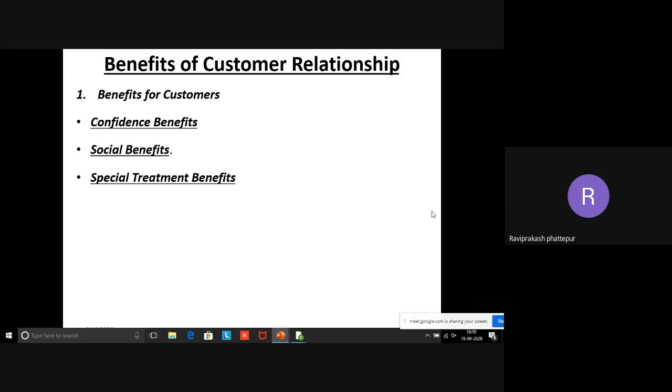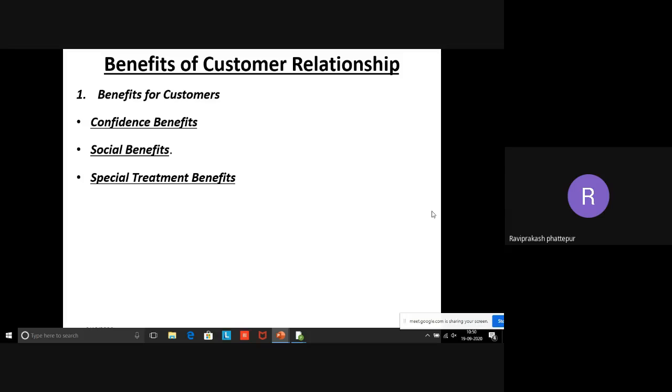And next is special treatment benefits. As and when the customer moves to the next and higher levels, he gets special treatment from the company. In the second stage, when he is an acquaintance, we are just looking at his satisfaction.